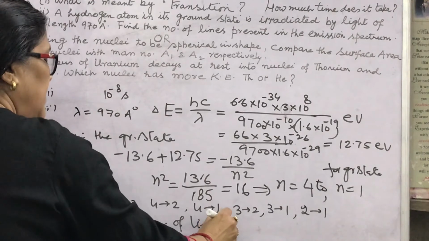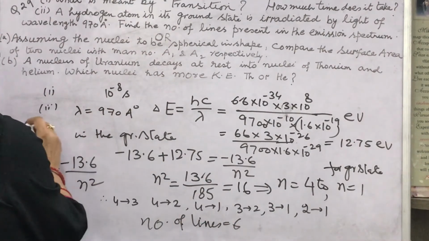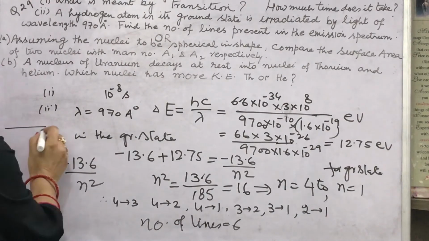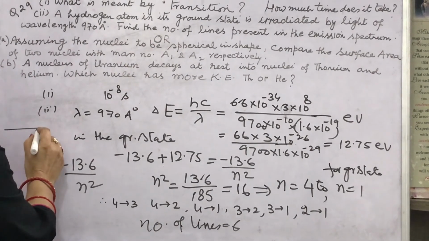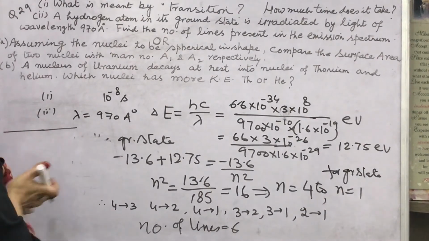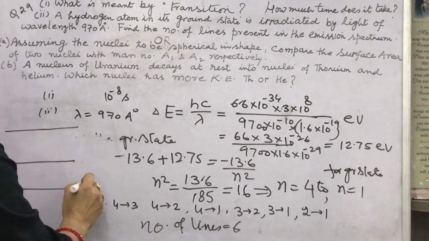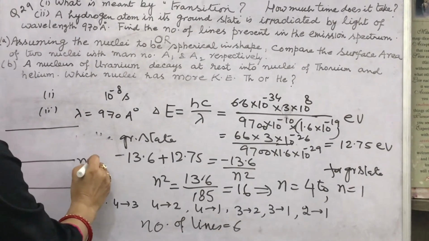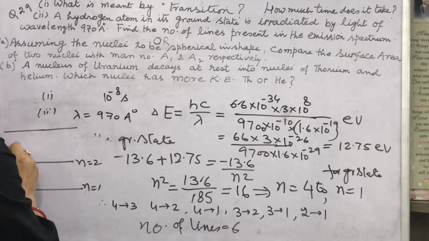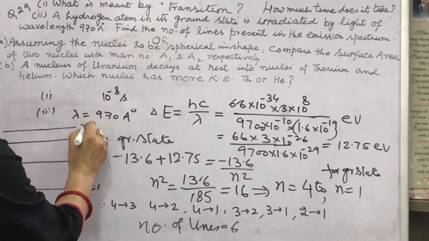It is shown like this. You can also show it by drawing the energy levels. If you draw first, this is the ground state, n equal to 1, this is n equal to 2, this is n equal to 3, and this is n equal to 4.